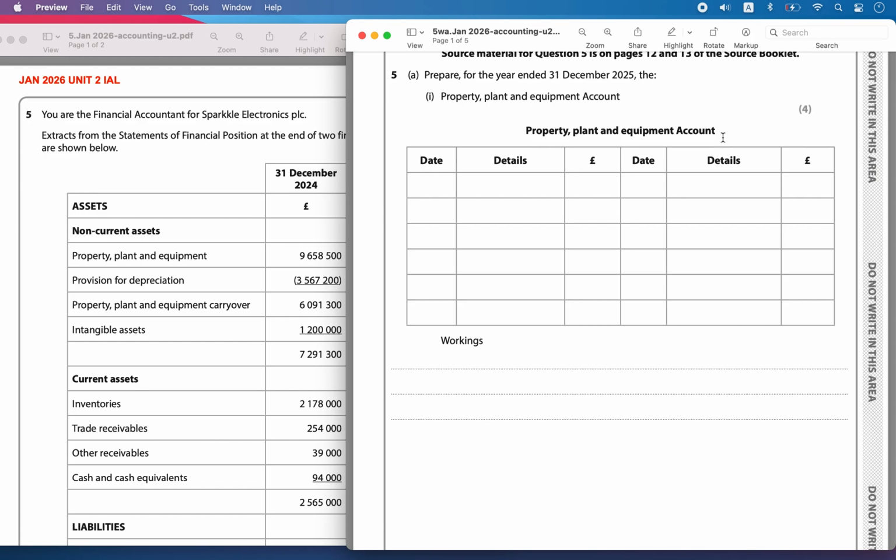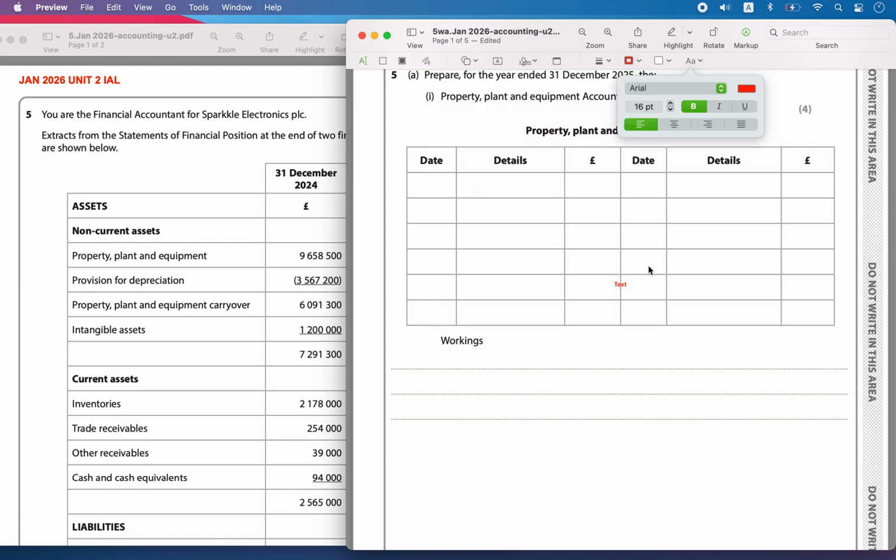So here we can see it's an asset account, so the balance starts on the debit side. Any property, plant or equipment purchased will appear on the debit side, and any disposals will appear on the credit side, and then we will have to balance it out.